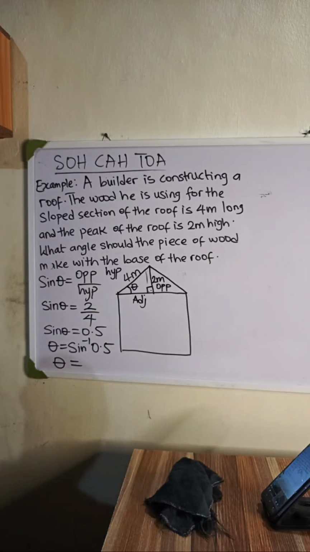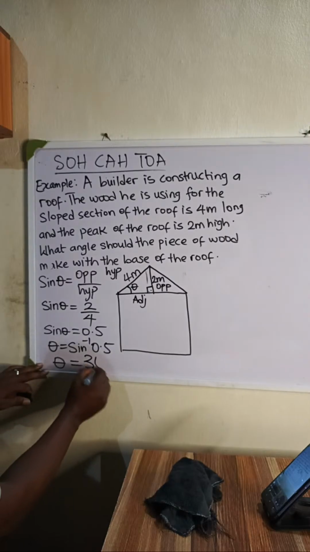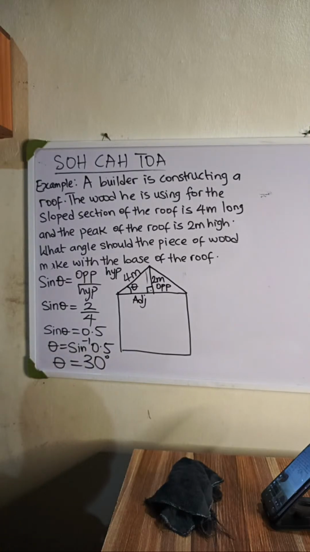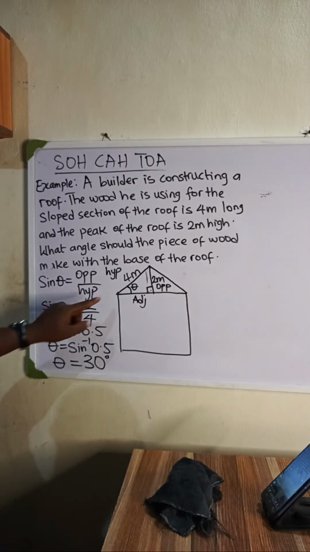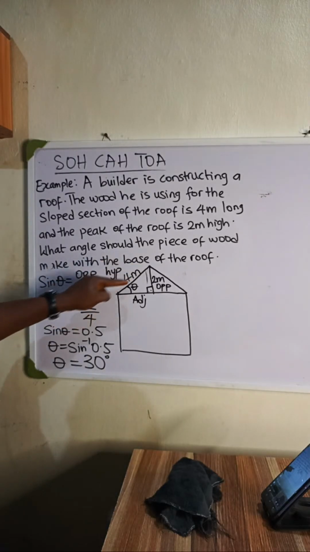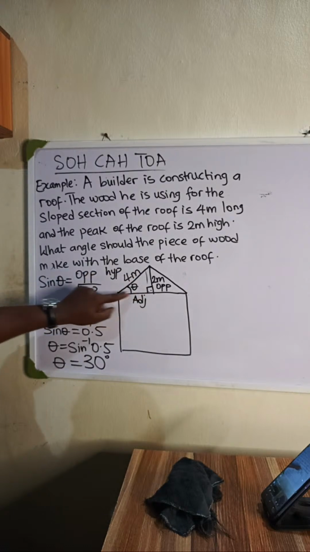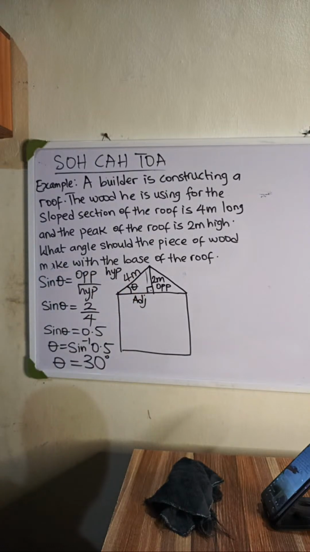It's 30. So that means the angle is 30 degrees. That will be the angle that this sloped wood is going to make with the base of the roof. So we have seen two situations where we can use SOH CAH TOA to solve practical real life problems.